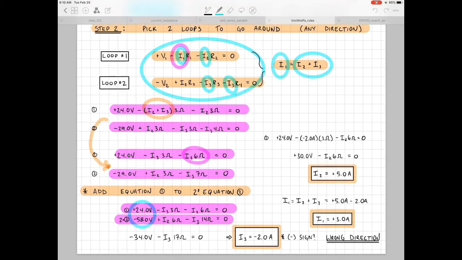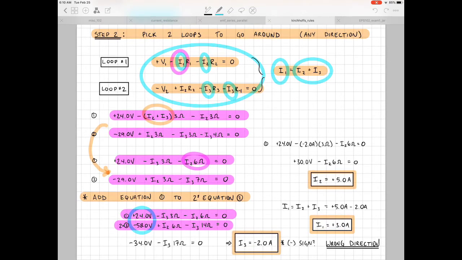And then I can immediately solve that for I3, and I get negative 2 amps. And remember, that negative sign just means that when I picked my directions for the current initially, I just chose the wrong direction for I3.